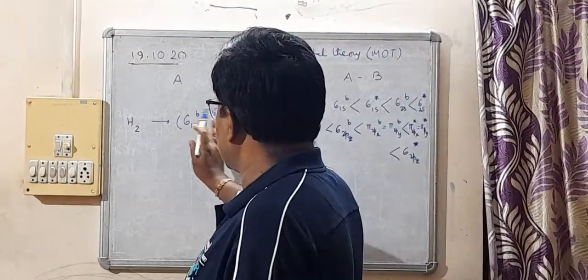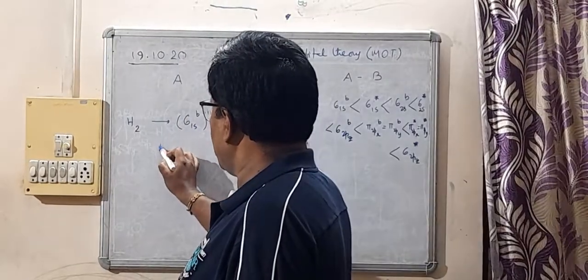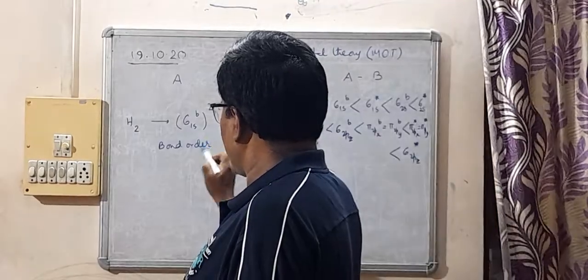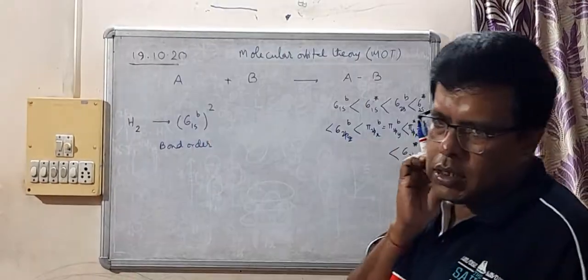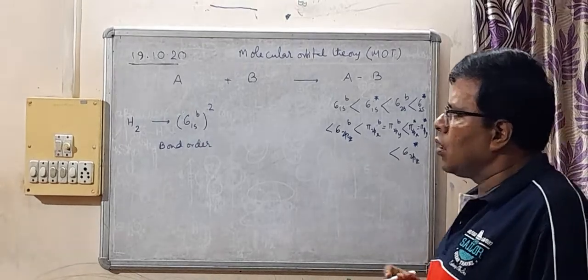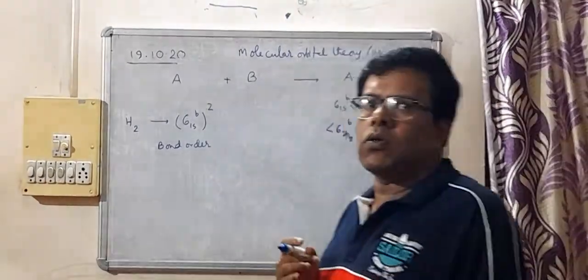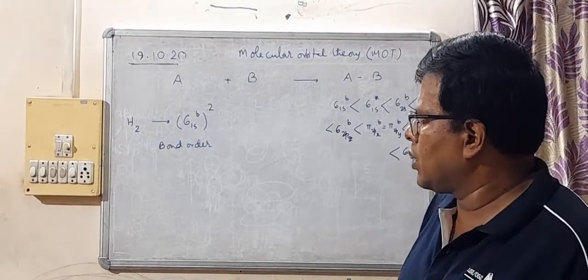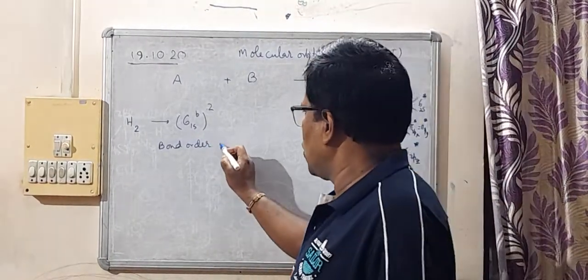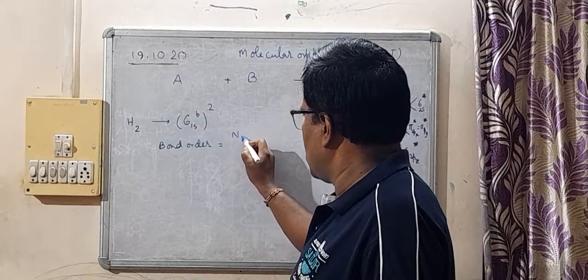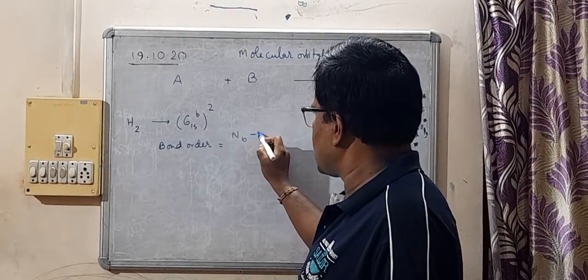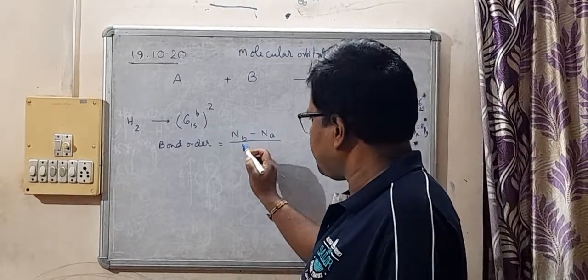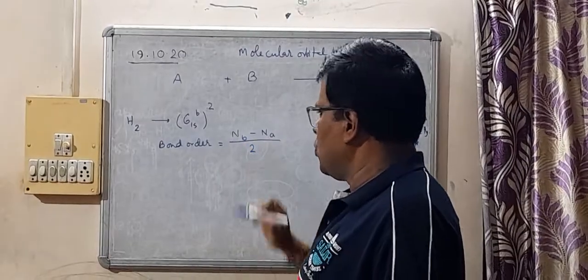And so this is over, and bond order is a term in molecular orbital theory which tells us what type of bond is between the 2 atoms. The bond order definition is the number of electrons in bonding molecular orbitals minus the number of electrons in anti-bonding molecular orbitals, divided by 2.